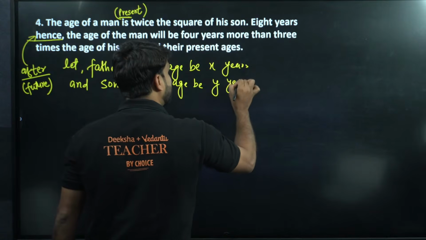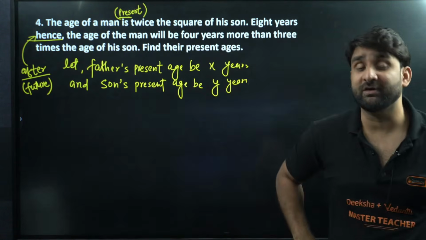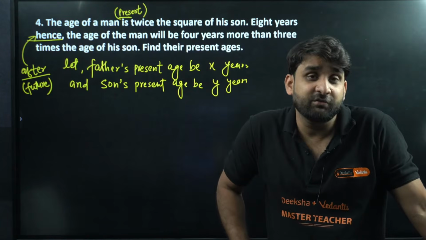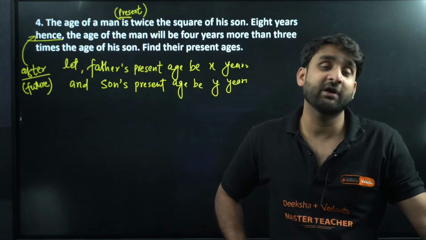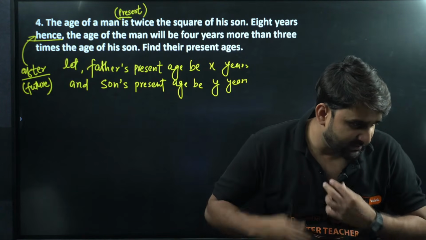My dear class 10th titans, without assuming the present ages, you cannot write the equation. And if you cannot write the equation, how is it possible to solve it to find X and Y? You cannot.